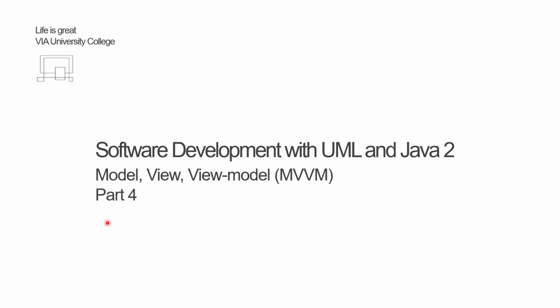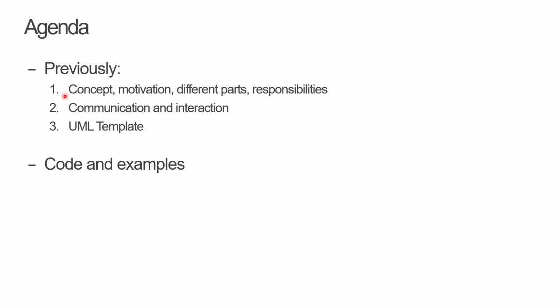So we have previously in part 1 dealt with the concept, motivation, different parts and responsibilities of the model, view and view model. In part 2 we saw a bit about how they communicated and interacted, at least the concept, the idea.